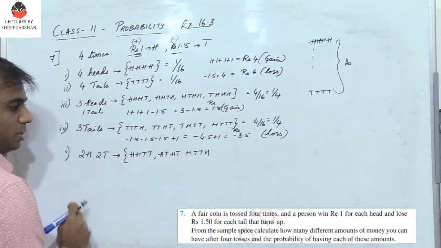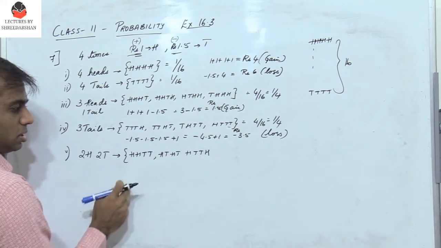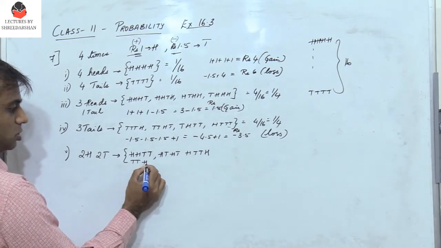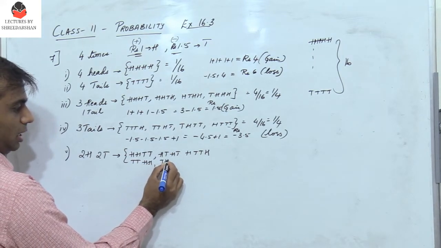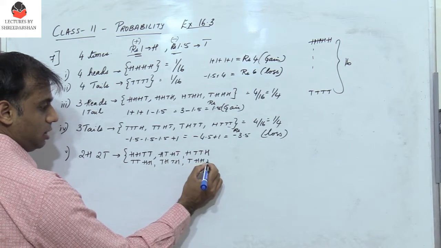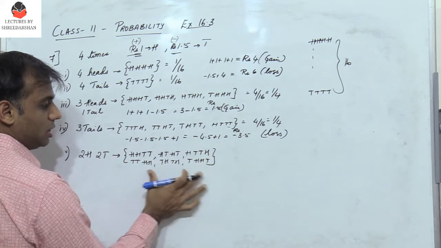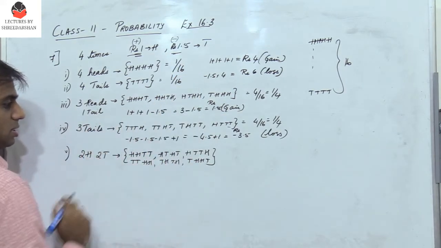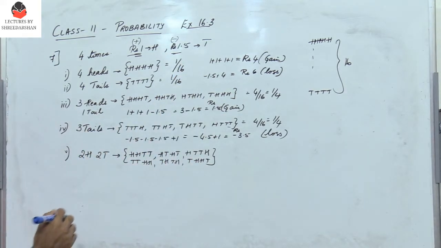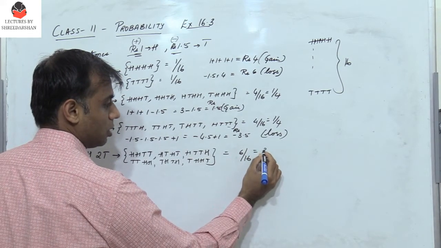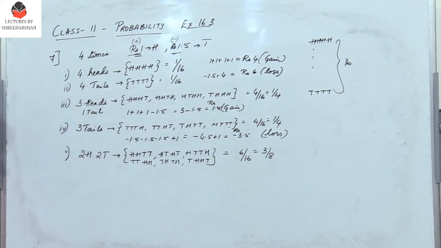So you have 3 combinations where at the first toss you get a head, and then I have 2 tails, 2 heads. Tail, head, head, tail, and tail, head, tail, head. So how many are there? 6. So 4 plus 4 is 8, 9, 10 plus 6 is 16. So therefore the probability is 6 by 16, or it is 3 by 8.